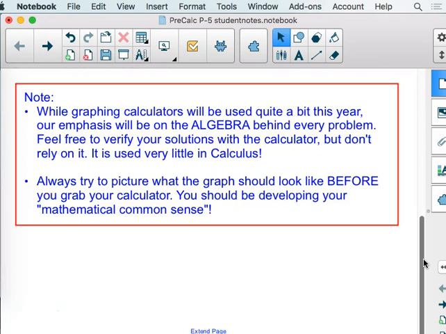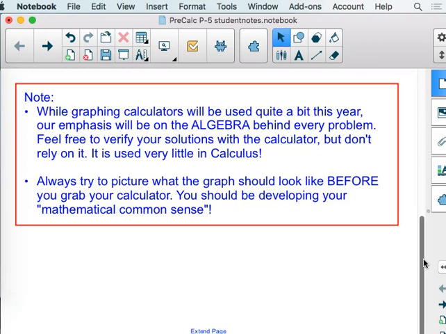And always try to picture what the graph should look like before you grab your calculator, because I make mistakes when I put stuff in all the time. So if you accidentally hit the wrong button, then away it goes. And if we don't think about what it was that was supposed to show up, and that thinking goes back to if we have an even degree polynomial, we want to look at the leading coefficient to figure out, okay, this is parabolic, but is it going to open up or is it going to open down?